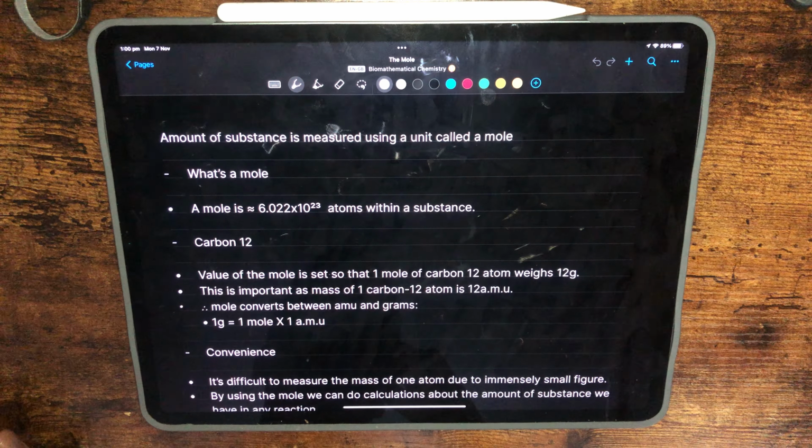Or it could apply to atoms also. They sometimes try to trick you with these types of questions. They'll give you a question where you need to find the number of atoms of a compound, but they'll give you the molecule.